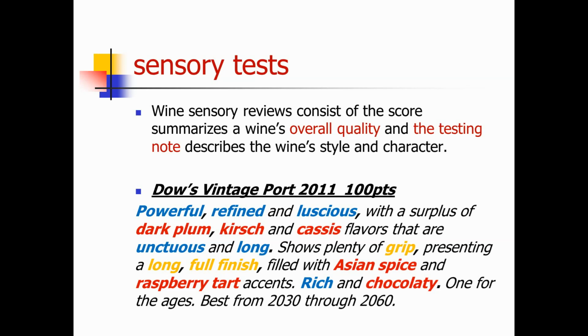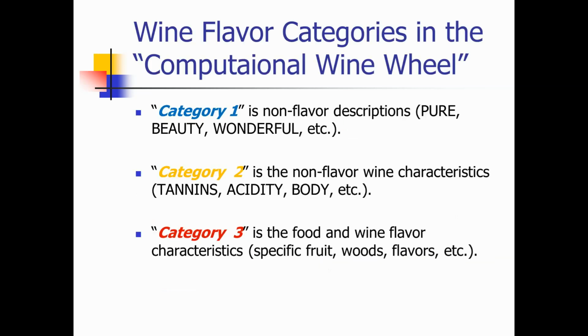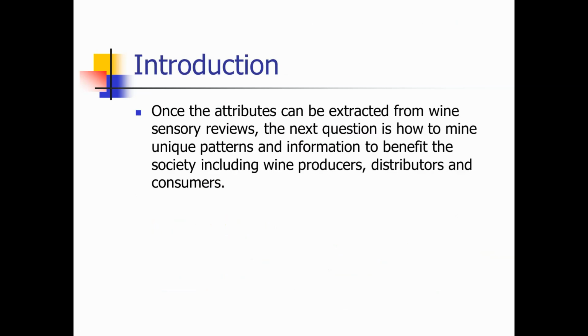So this gives you an idea of how we can process real language into a computer-recognizable data set. As I mentioned, there are 3 different categories, and each one has its meaning. They describe different things, and that's why we created something called a computational wine wheel to process that.